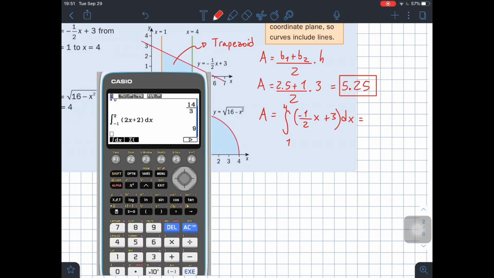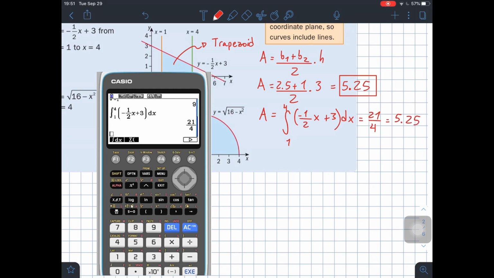If we plug in the information, I'm going to write the expression, which is negative 1/2 x plus 3. This is our function, and we want to integrate this from 1 to 4. You click on execute, and then you get the value 21/4, which is 5.25. Okay, so this is equal to 21/4, which is the same as saying 5.25.